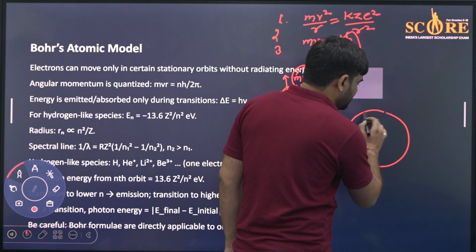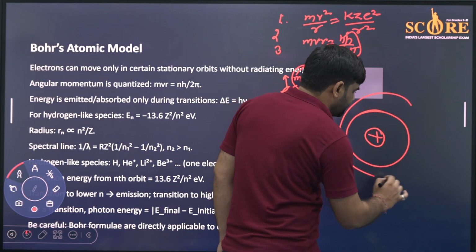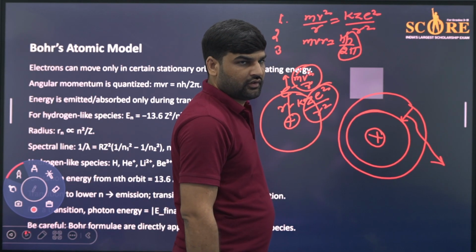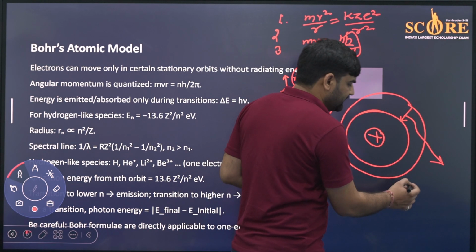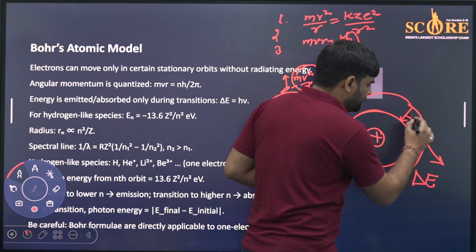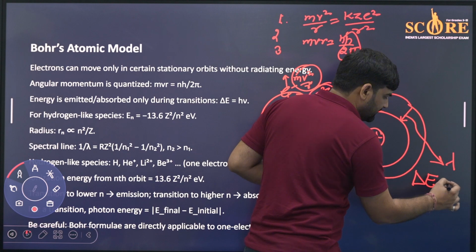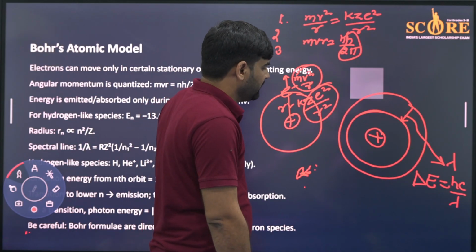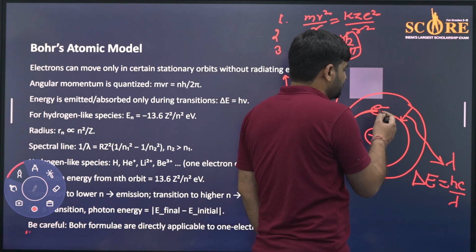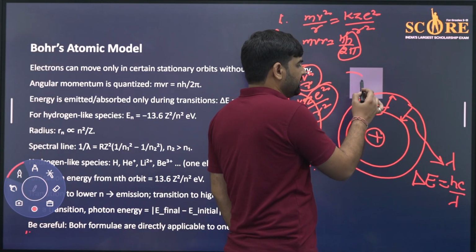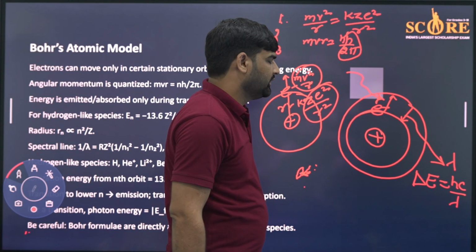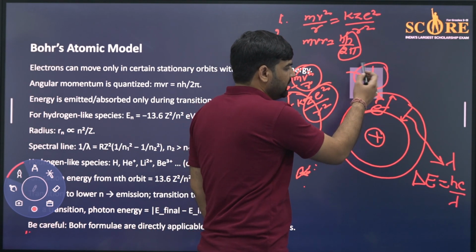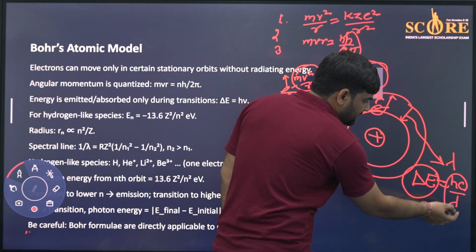He also told that if an electron comes from higher energy to lower energy, it emits energy, and the energy difference will be delta E, and if the wavelength of emitted radiation is lambda, then you can write hc by lambda. When the electron goes from lower to higher energy level, then it will absorb energy. Energy absorbed means a photon having wavelength lambda, and you can write delta E equals hc by lambda.